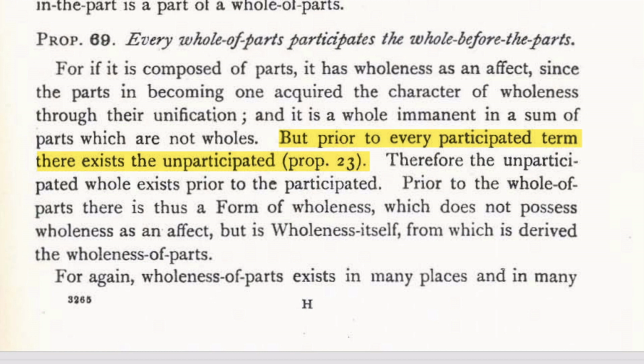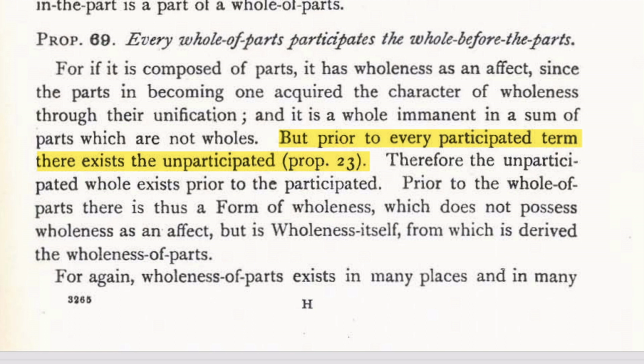All right, coming back to our text, we'll pick it up where Proclus introduces Proposition 23. He makes a reference to it by saying, "Prior to every participated term, there exists the unparticipated." And we just saw that in the diagram we just looked at. "Therefore, the unparticipated whole exists prior to the participated.